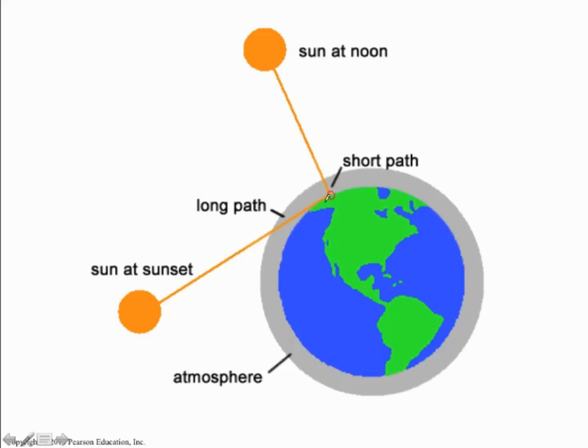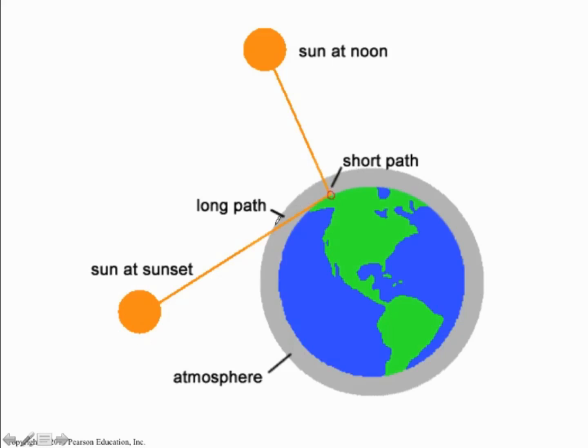Now, why the difference in color? The reason is that as sunlight passes through the atmosphere, more and more of its blue light gets scattered out. So let's go back to this short path right here. This short path is not long enough to scatter out all the blue, and that's why someone looking up is going to see a blue sky.